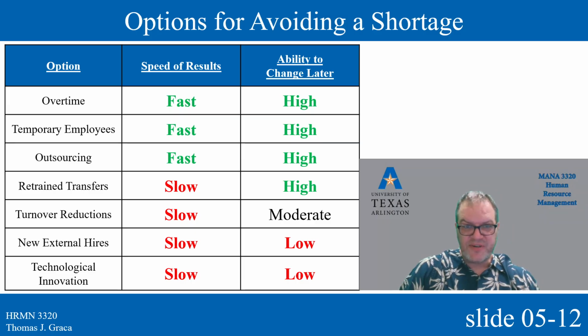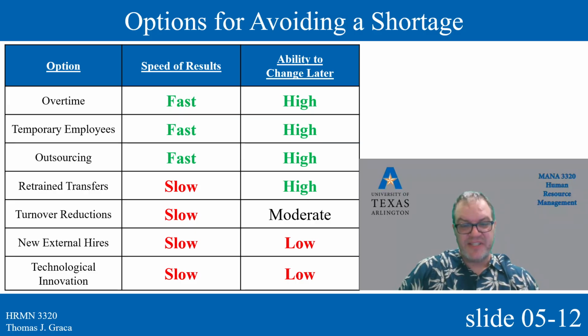Other types of turnover reductions might include production-based increases in compensation. They might include additional benefits. They might include lots of different things. Basically, all those things that you would do to keep your employees who might otherwise leave you from leaving you.